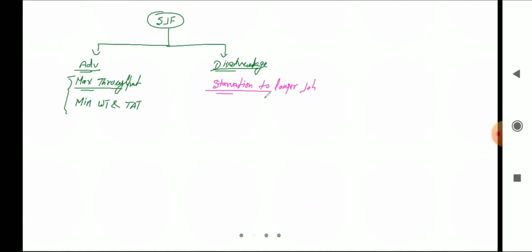For the largest job, there may be starvation. It may be that that process is waiting for a long time, or it may be nearly infinite time, you can say. So if a process is waiting for a long time, there may be starvation. Why? Because here the shortest job is getting the chance, the longer job will not get the chance, right?